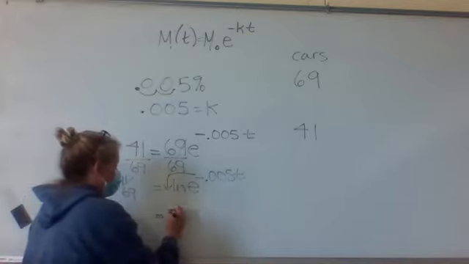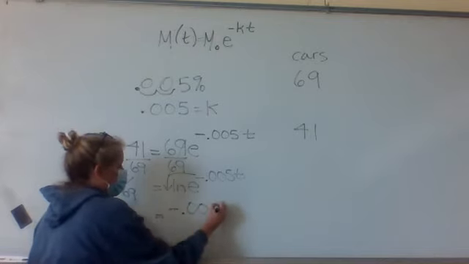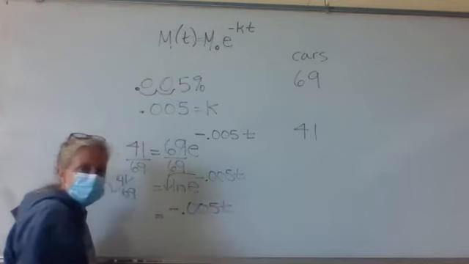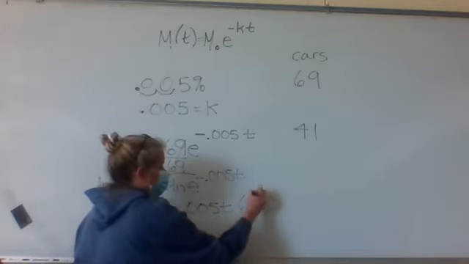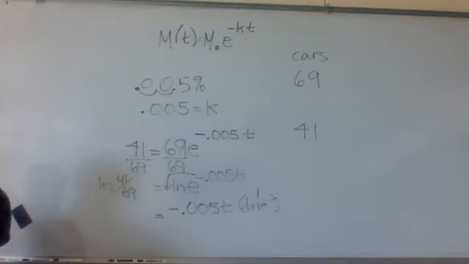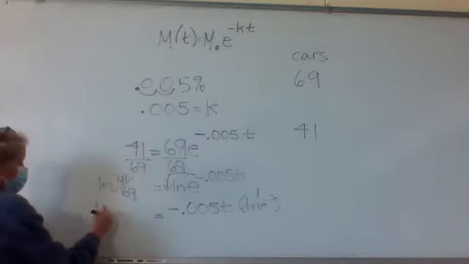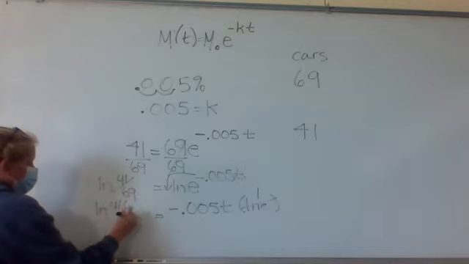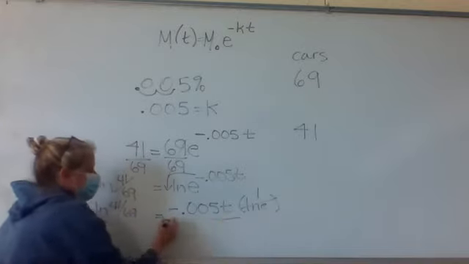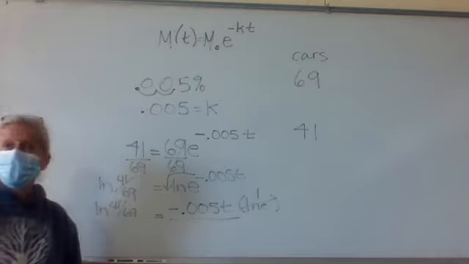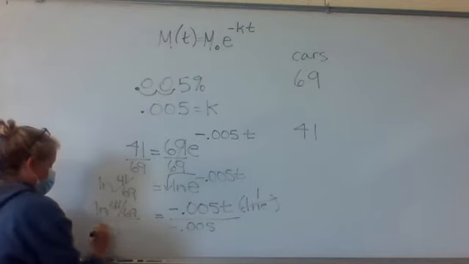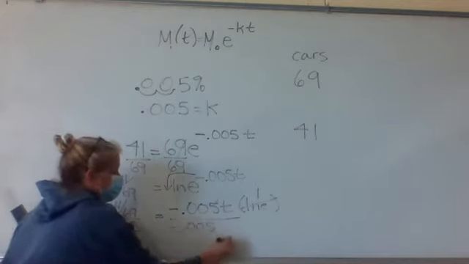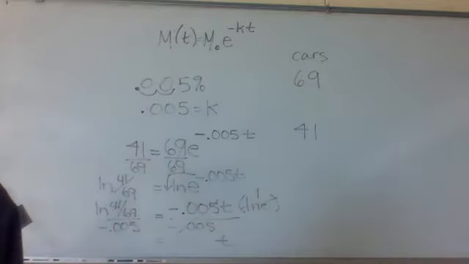So now I have negative 0.005 T times the ln e, which again is just 1. On the left, I just have ln 41 over 69. So to get the T by itself, what do I need to divide by? Negative 0.005. So once I do that, I'll know my answer.